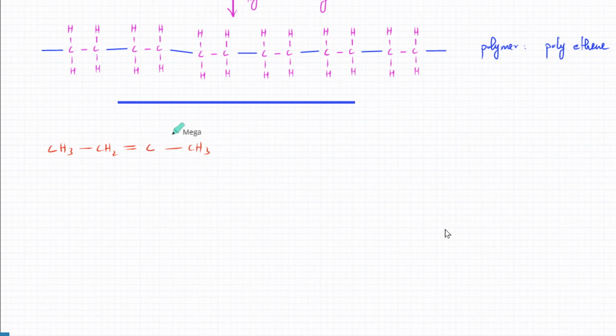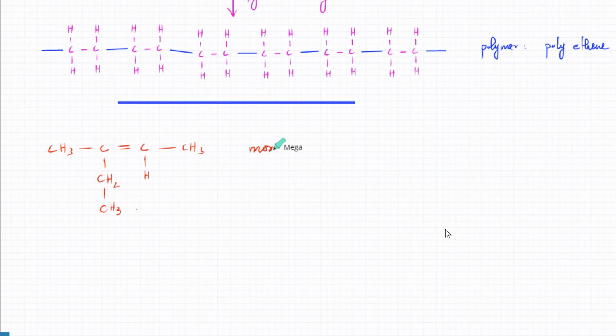Let's say there's an H, and this one has a carbon atom, and it's got another carbon chain, which is CH2, CH3. Now I'm going to try and make a polymer out of this monomer. So that's my monomer.